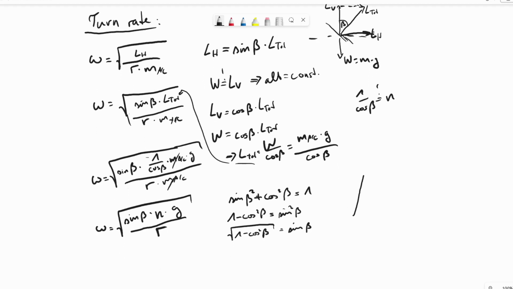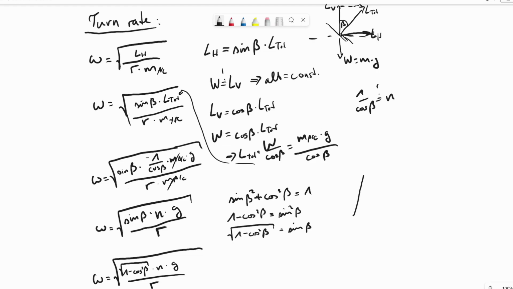That's why we are doing this. So we can write this out real quick. So we have omega equals square root of 1 minus cosine squared beta times n times g over r.